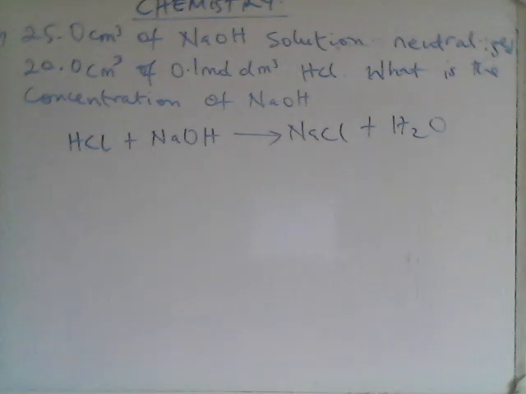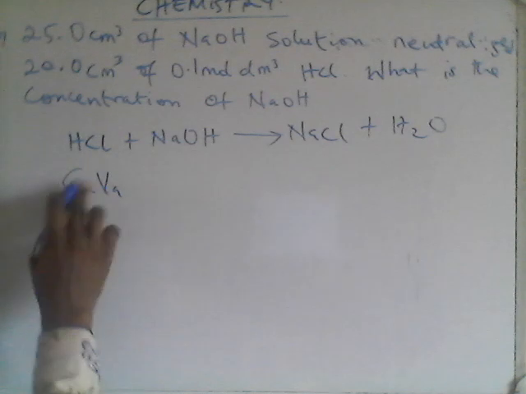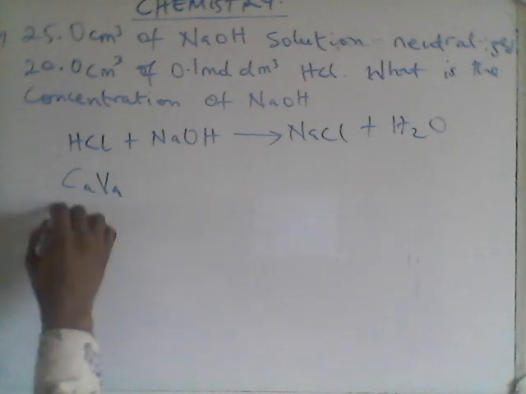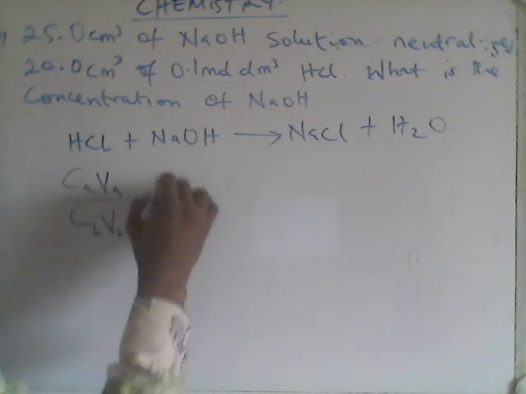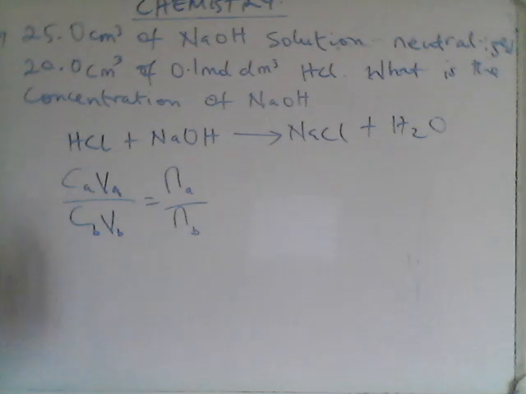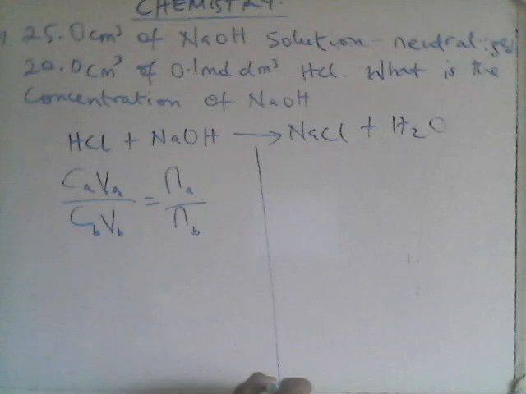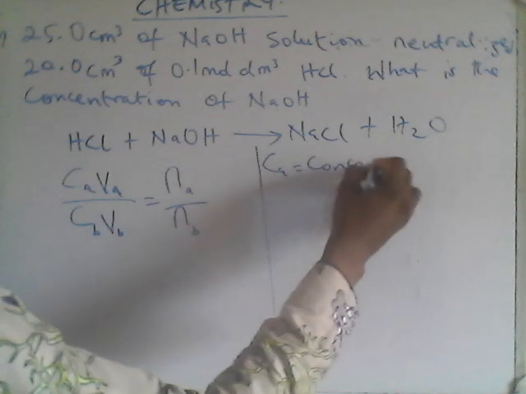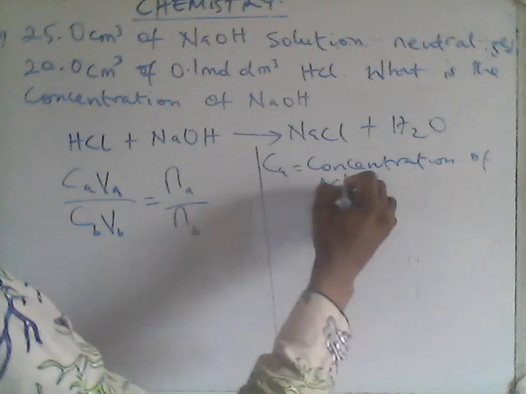The formula is CAVA over CBVB equals NA over NB, that is C subscript A and V subscript A over C subscript B times V subscript B is equal to N subscript A over N subscript B. What are all these things I'm writing here? Let me define them. Ca is concentration of the acid.